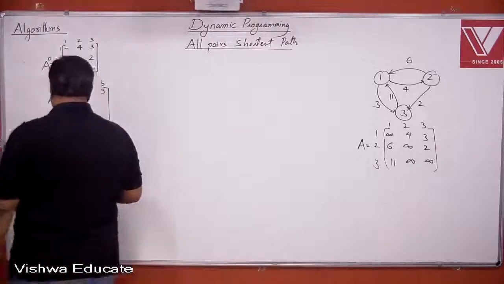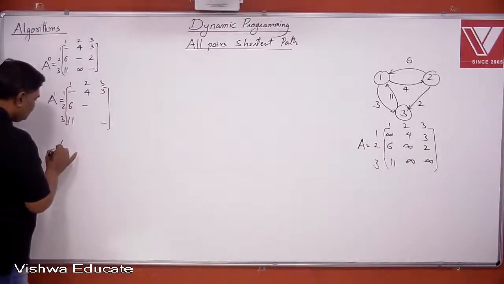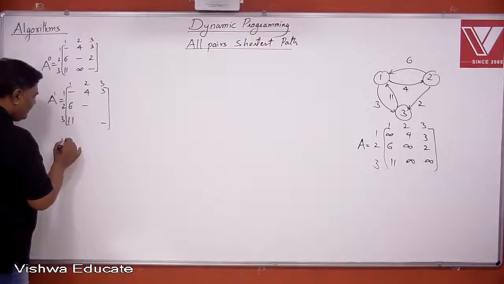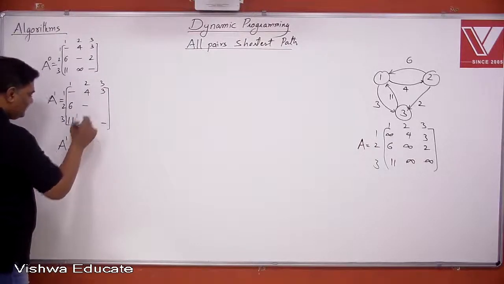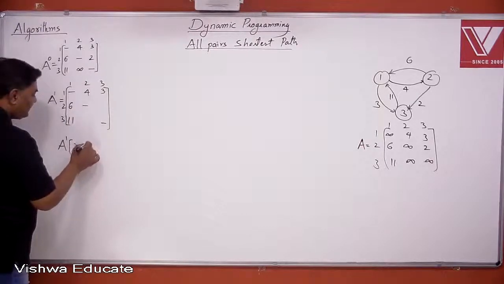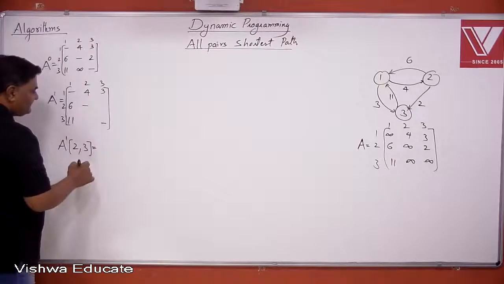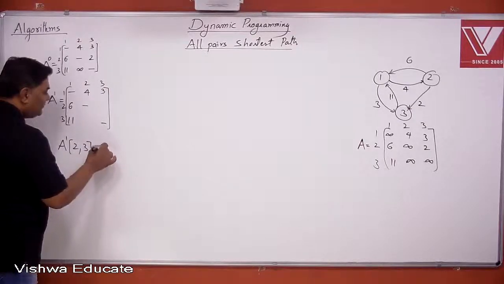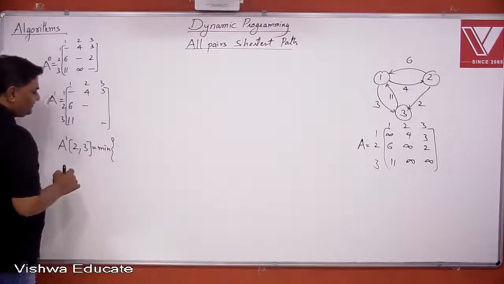So let me find out A1 of this value. That is 2 to 3. So 2 comma 3 I am writing. Yes. I have to take the minimum of what?